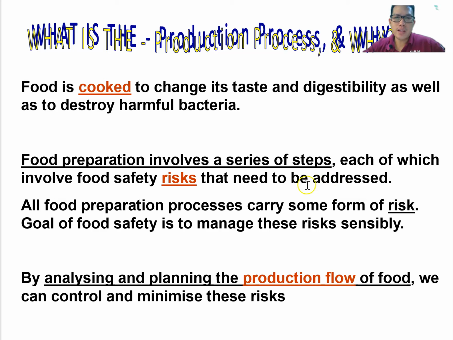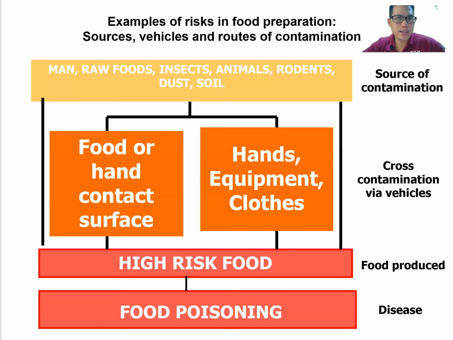How do you do that? Before you actually produce, you can analyze and plan the production flow. Very important, as I show you on the next slide, you must be aware of what could go wrong. Because if you do not know what could go wrong, you don't know how to anticipate the risk.